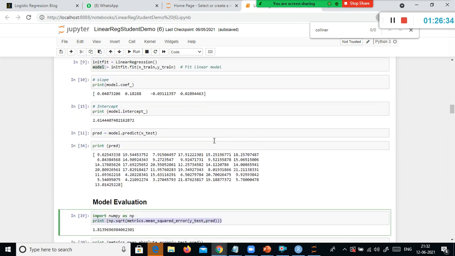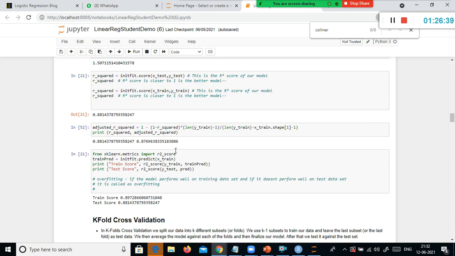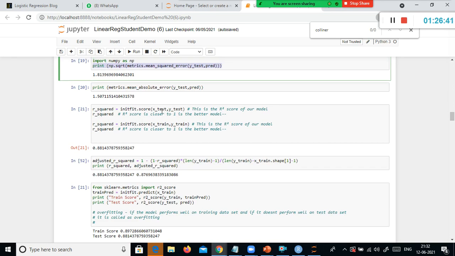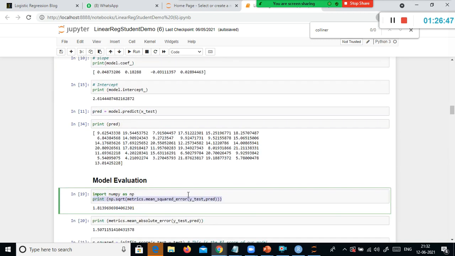Simple, whatever I did in the score, right? See here, instead of passing x test, I pass x train, and instead of passing y test, y train. The same thing I am going to do here to get the mean squared error for the training data set.